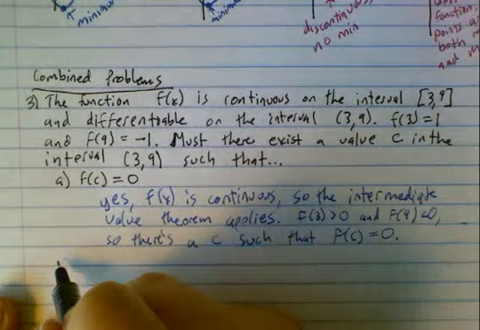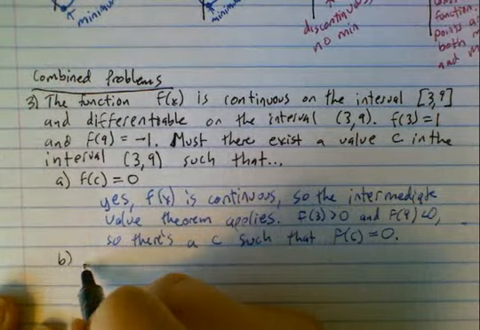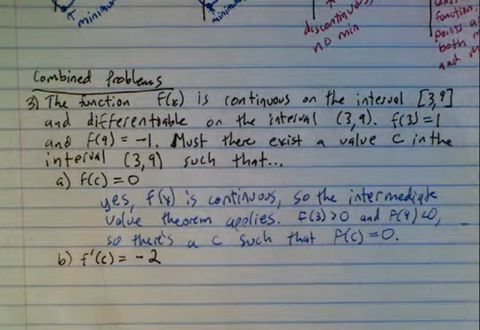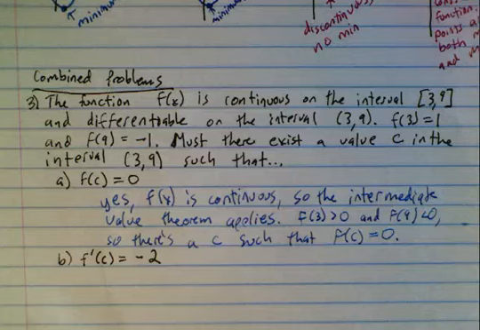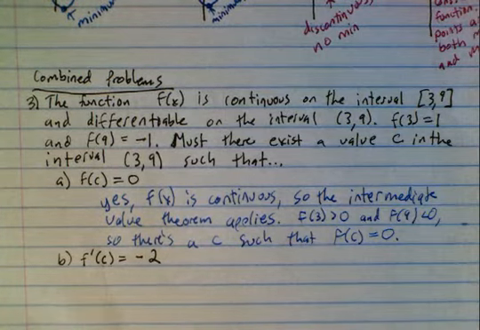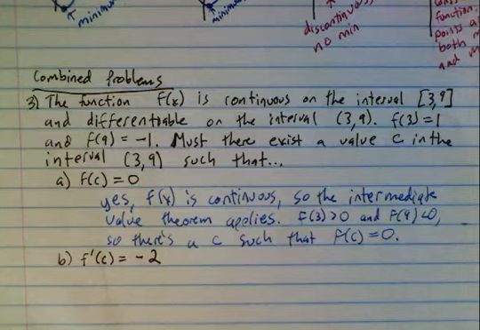Okay, for part B, does f prime of c have to equal -2? Think about that one for a little bit. So restart the video when you're ready. We're talking about f prime, so that means we're going to be talking about the mean value theorem.